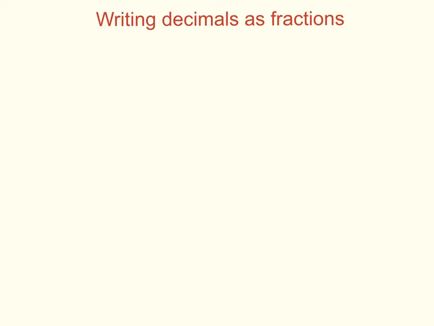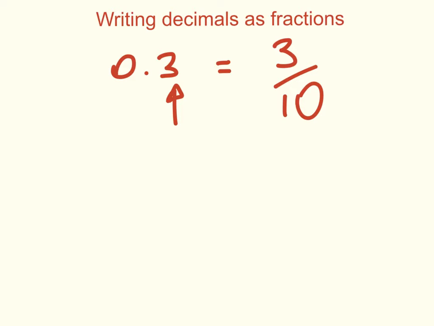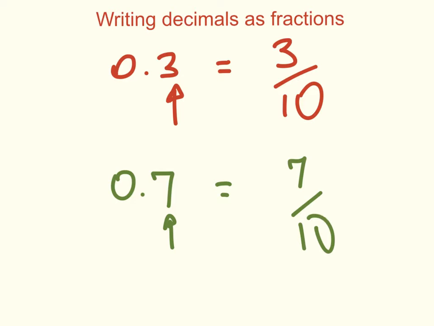So if I give you a decimal like 0.3, you know that the 3 is in the tenths place value, so it's 3/10. Or if I give you one like 0.7, the 7 is in the tenths place value, so I write it as 7/10.